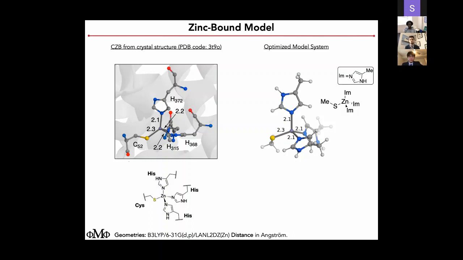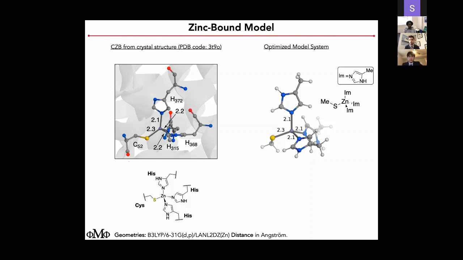The goal of creating this model system is 1, to include all relevant atoms involved in the oxidative mechanism, and 2, to produce a geometry and include a relevant level of theory and basis sets so that when we optimize these geometries, they're relevant and consistent with the crystal structures.